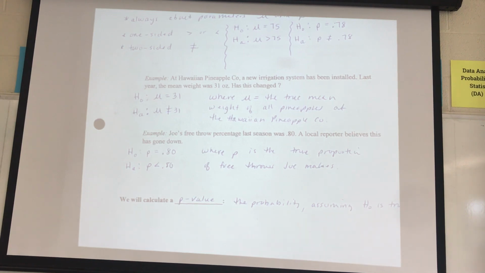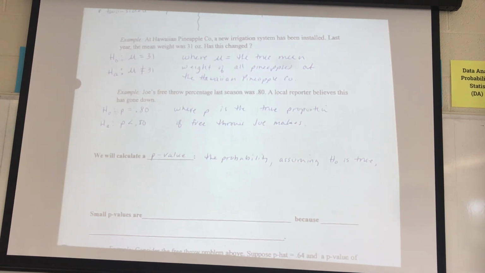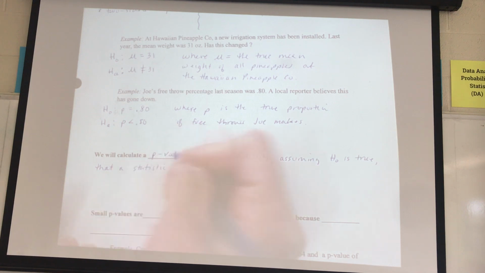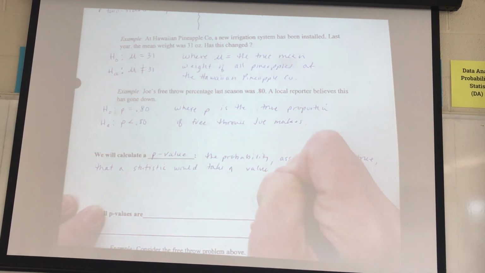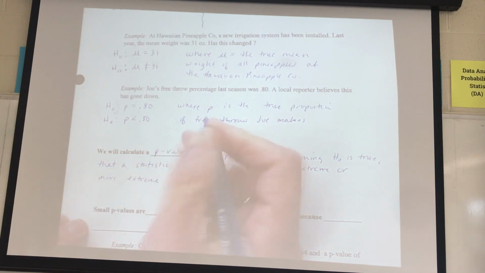So it's all based on making this assumption that the null hypothesis is true, okay? So this is the probability, assuming that the null hypothesis is true, that a statistic takes a value as extreme or more extreme than was observed.